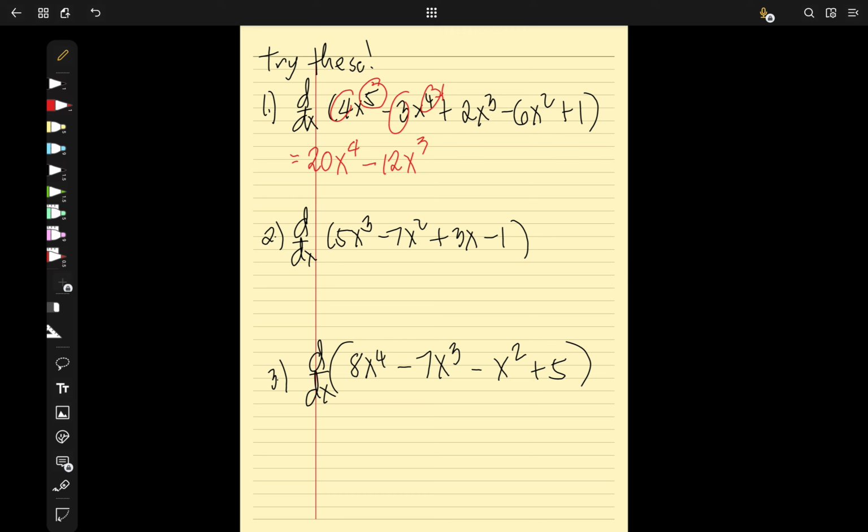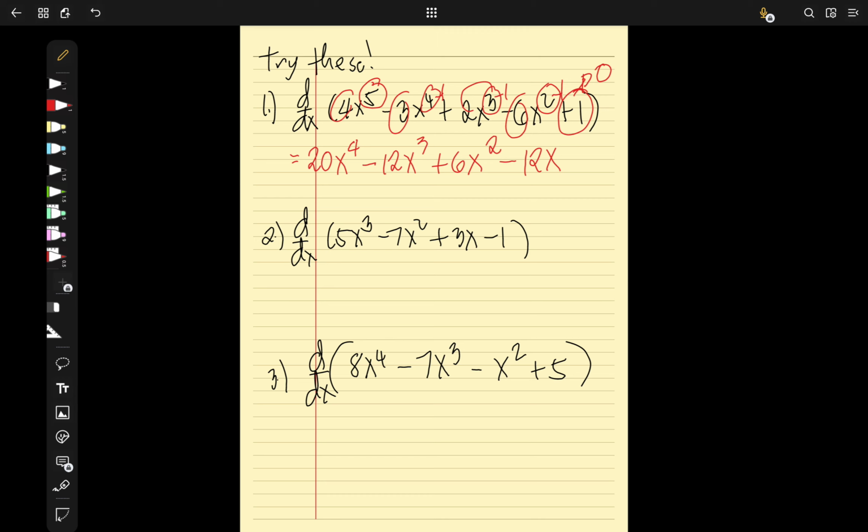Then we have the derivative of 2x cube: 3 times 2 is positive 6x, then 3 minus 1 is square. Then minus 6 times 2 is 12 x to the 2 minus 1 is 1, so no need to write. Then syempre, the derivative of the constant 1 will always become 0. And that is your derivative with respect to x.